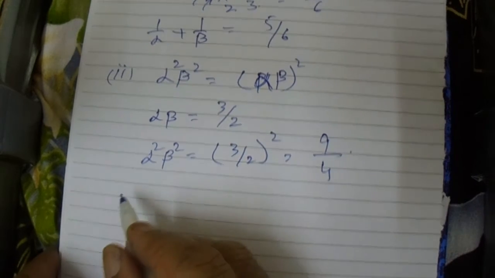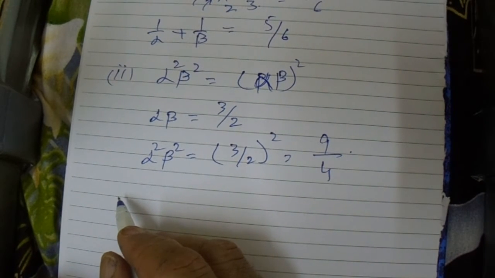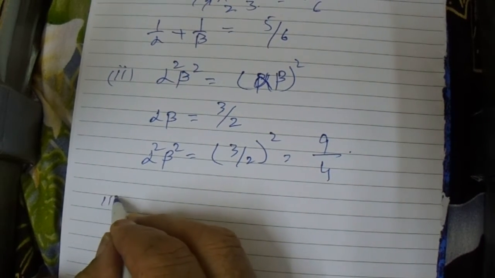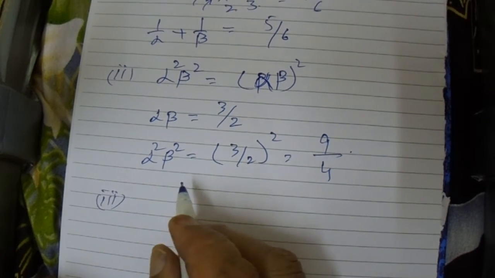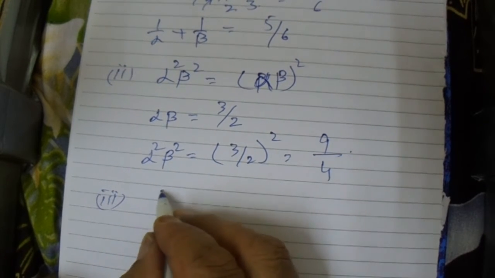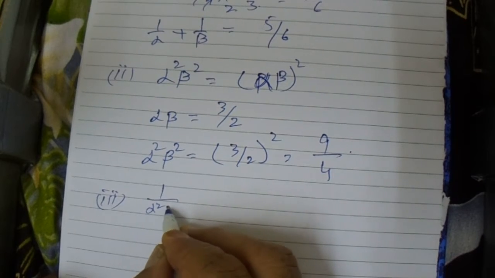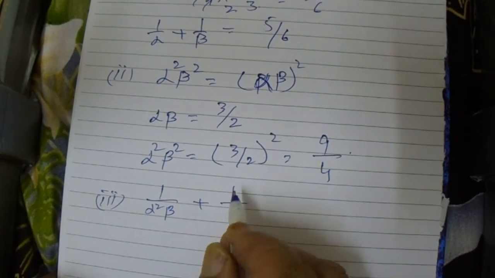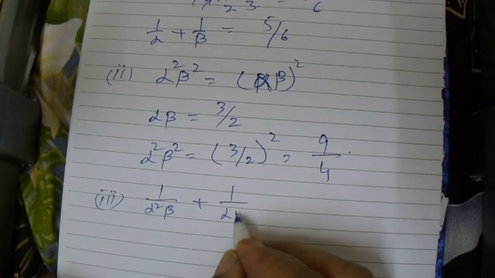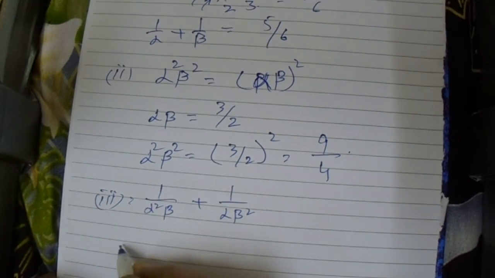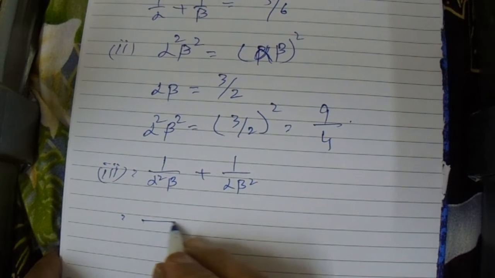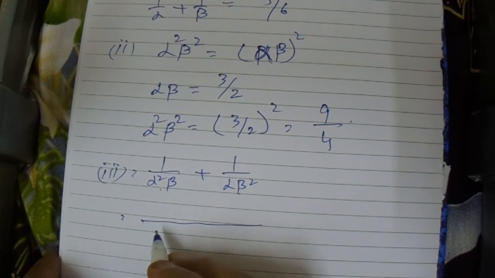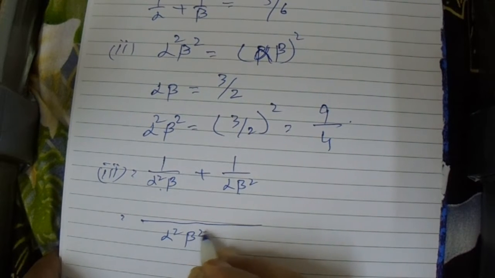Now we find the third part. The third part is 1 over alpha square beta plus 1 over alpha beta square. Now we take the LCM. Alpha square and beta square is the LCM.